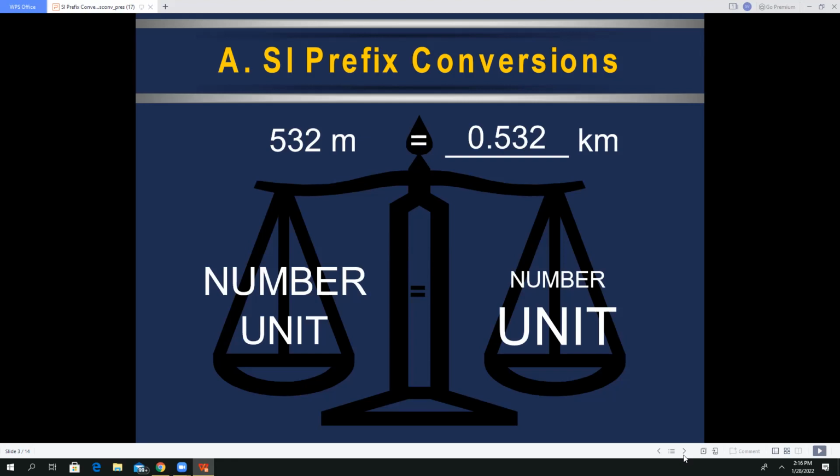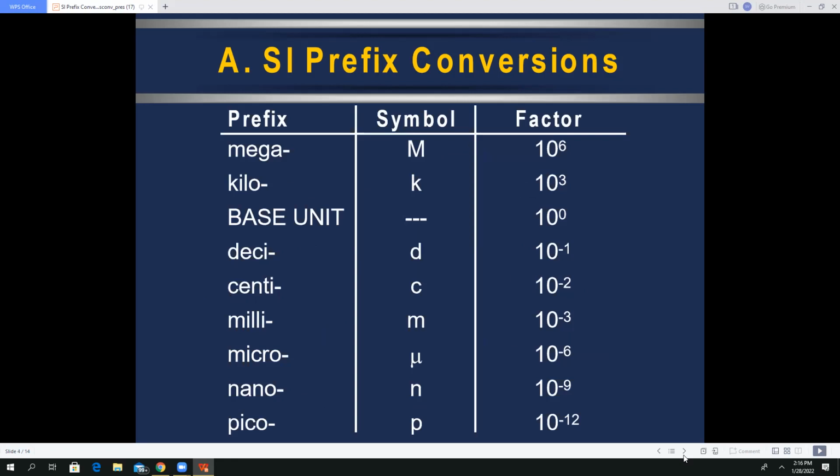Therefore, if you have meters, you only have a portion of your kilometer. It's easier to remember this way: if you're going up, you move it to the left, or it's a negative exponent, which is the same thing. If you're going to the right, top to bottom, that's a positive exponent.